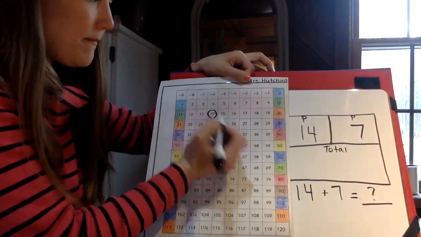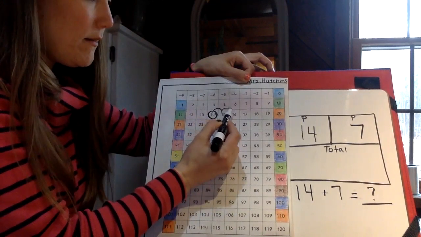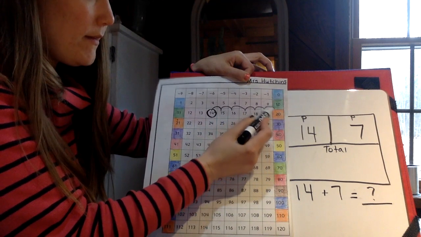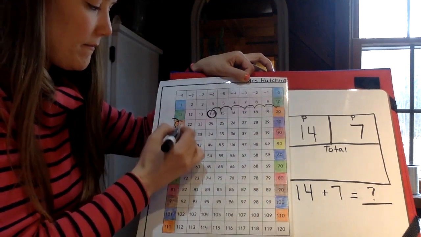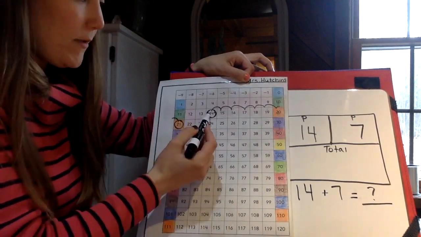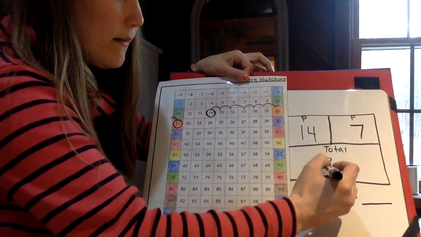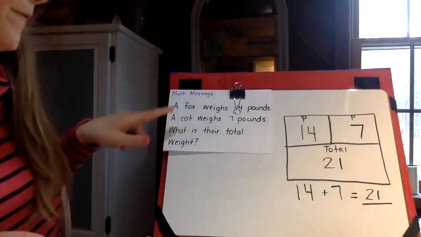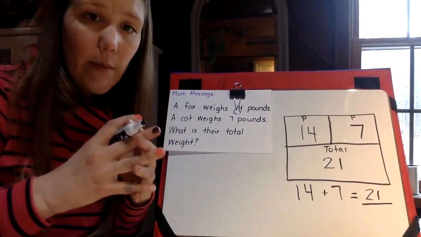Here's 14 and let's add 7. 1, 2, 3, 4, 5, 6, 7. I'm at 14, I added 7, and the answer was 21. So the fox and the cat, together, they weigh 21 pounds.